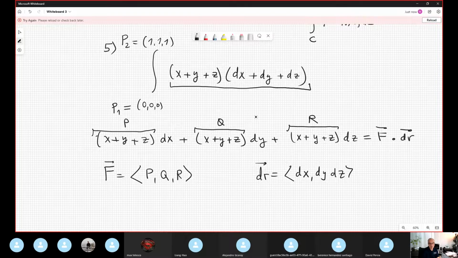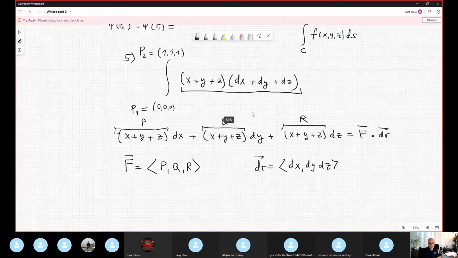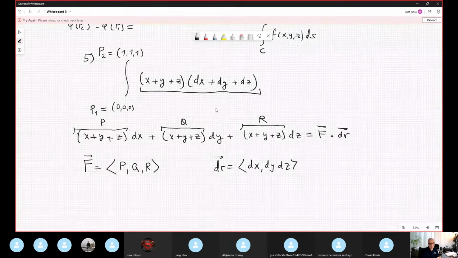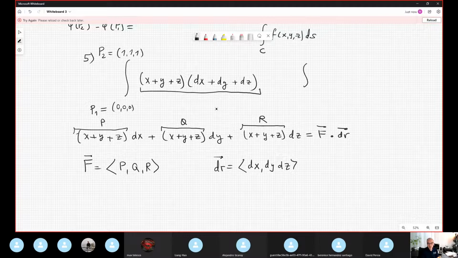I put this example intentionally because sometimes in the book and the study guide, the line integral is written in a weird, different way. So you always take, systematically, the line integral over the curve C of F dot dr, and you don't understand very well the relationship between this and this.